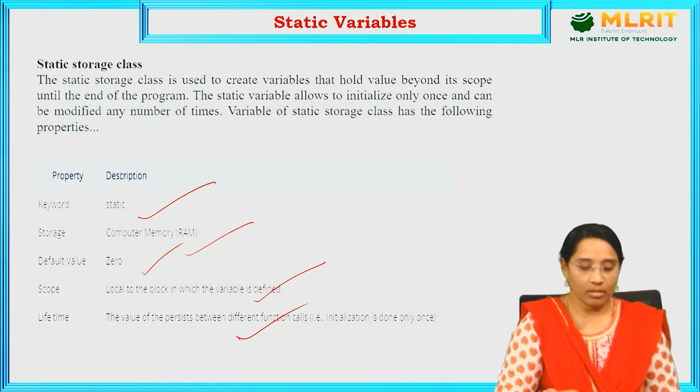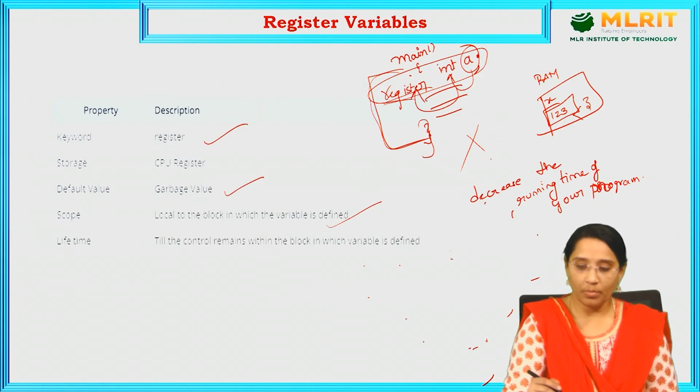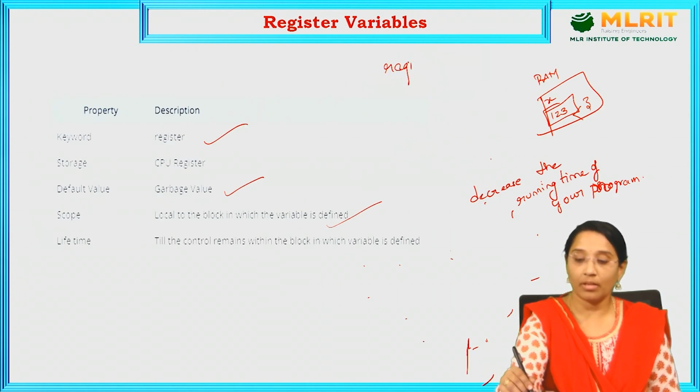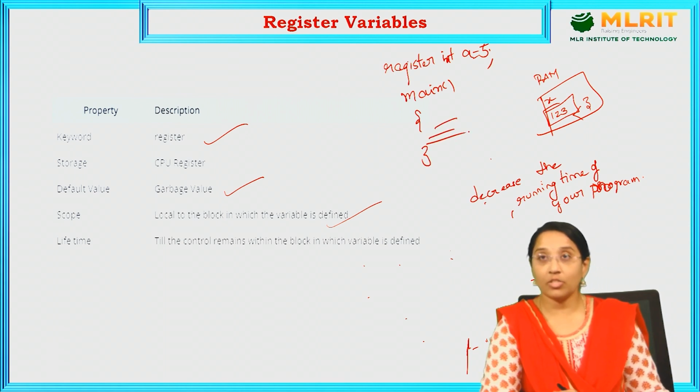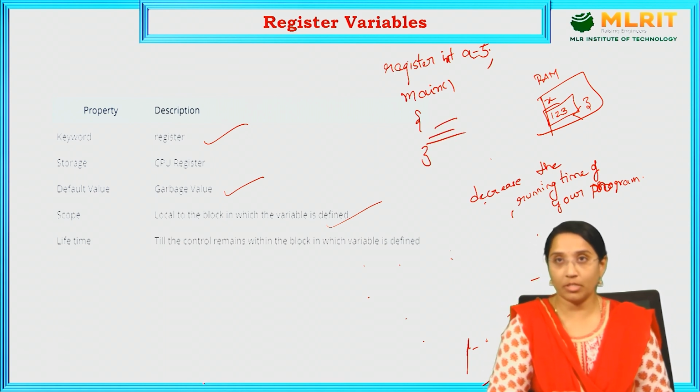And in the register storage class also, suppose register int a equal to 5, main function, and some statements written inside. So what is the mistake in this code?